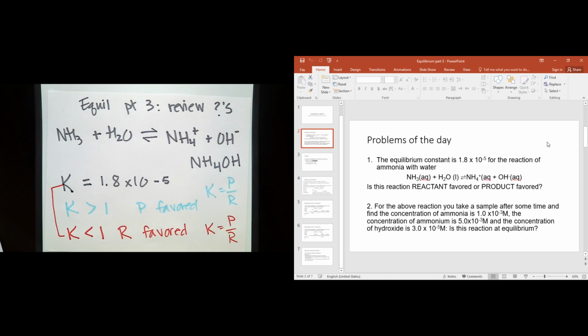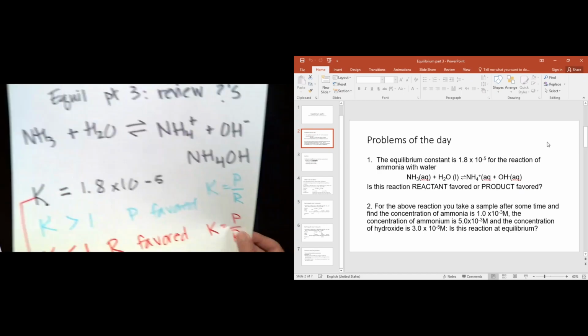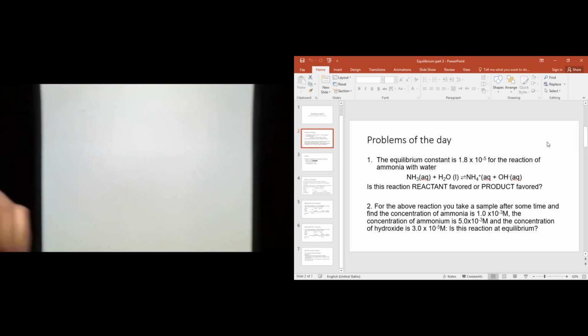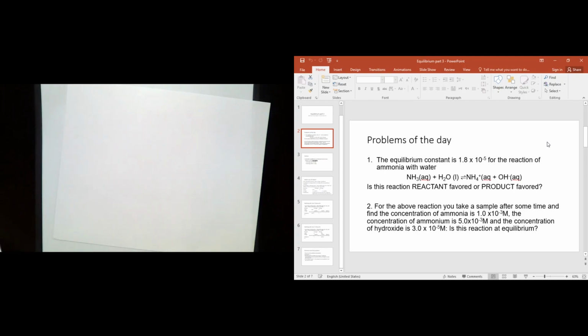Okay, so because the value of K is less than 1, we can call it reactant favored. We don't even need the reaction. And this will depend on temperature, so this might even be product favored under some different conditions. So we just look at that value. All right, our next problem will take us maybe a minute.